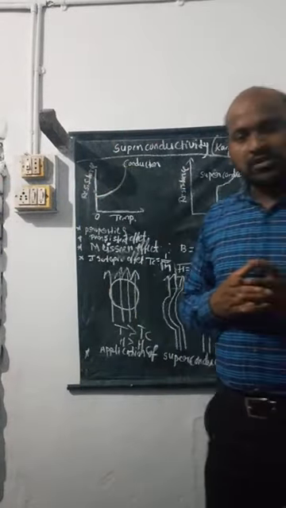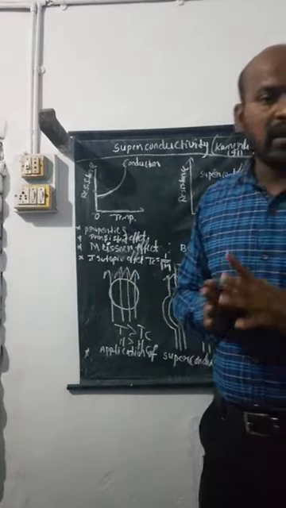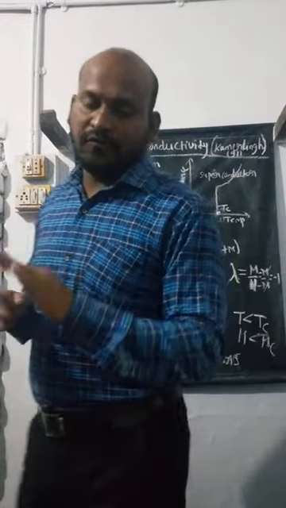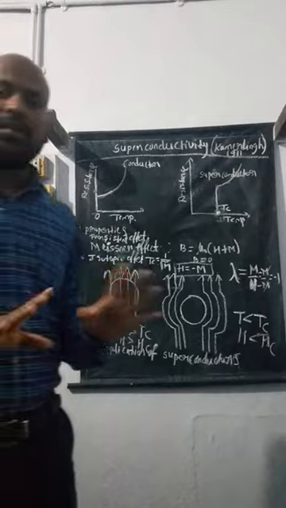Second, at a particular temperature the material shows 0 resistance, that is the critical temperature or transition temperature. Third, the critical temperature is different for different materials. It is not the same for every material.